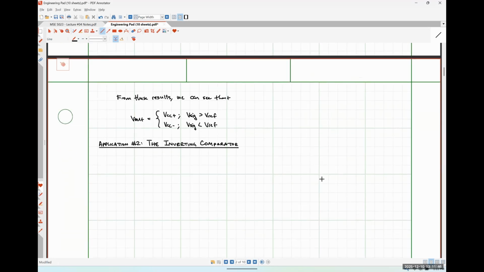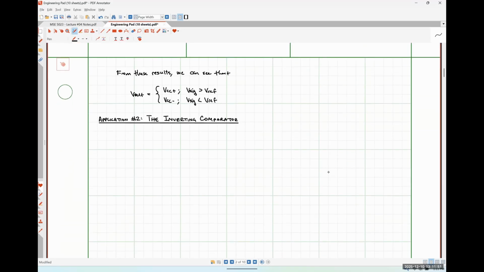So the circuit for the inverting comparator is going to be almost exactly the same thing as the circuit for the non-inverting comparator. So I've got my op amp here.